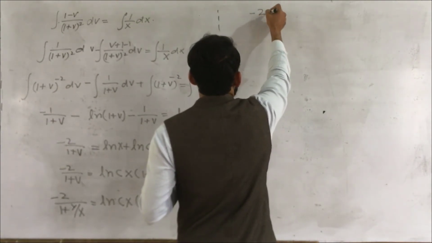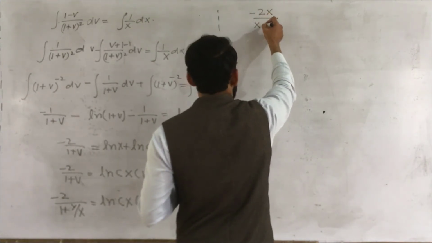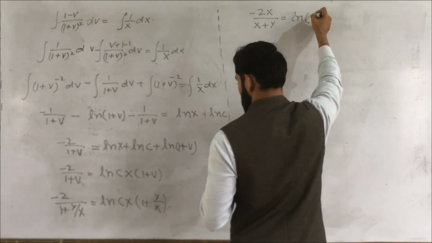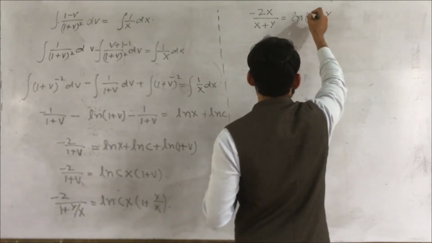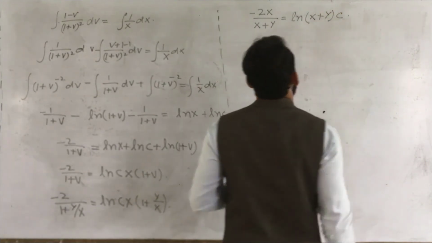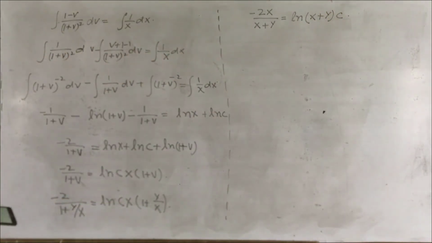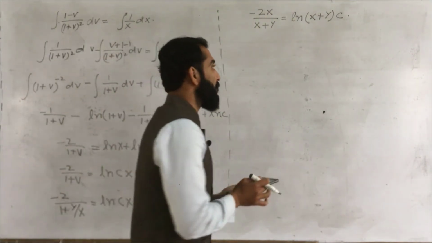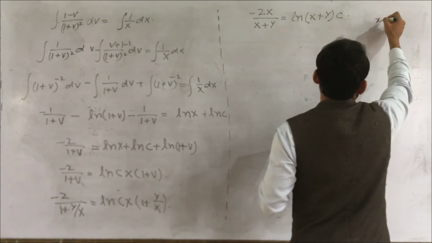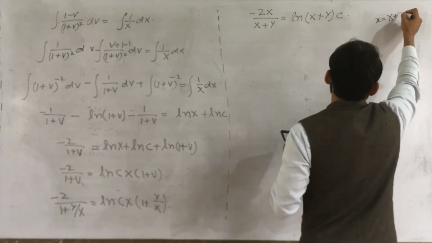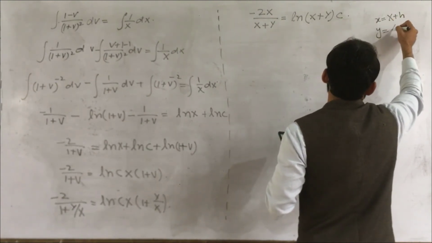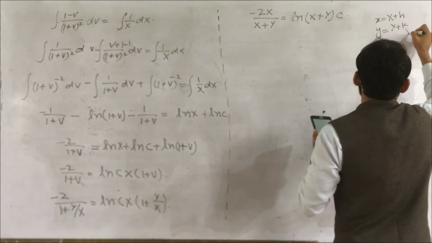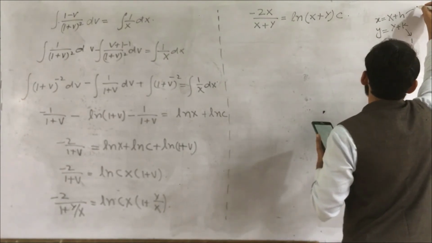we can have 2X divided by (X plus Y) is equal to natural log of (X plus Y) into c. Also we can give the values of capital X and capital Y back here, which, as you remember, x is equal to capital X plus h and y is equal to capital Y plus k, and the value of k is 1 and the value of h is 2.